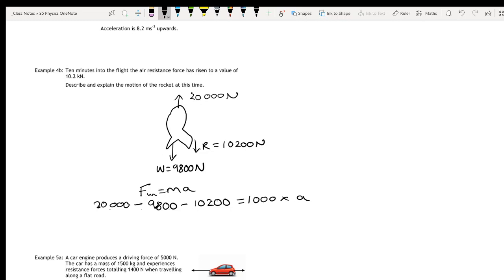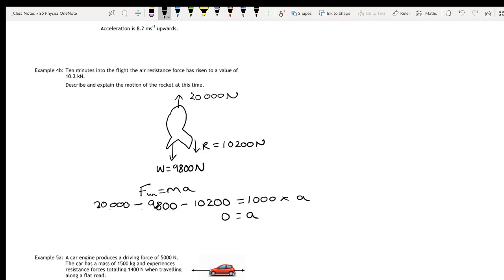Okay, and hopefully you'll notice when you put that into your calculator, you get 0, because 20,000 take away 9,800 take away 10,200 is 0. The acceleration is 0.